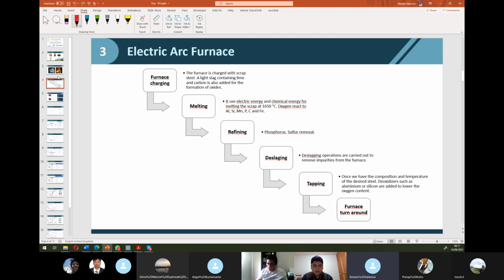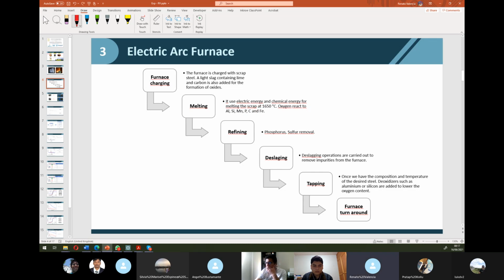When the scrap is molten, around 1600 degrees Celsius, oxygen is injected into the furnace, which reacts with aluminum, silicon, manganese, phosphorus, sulfur, and iron.